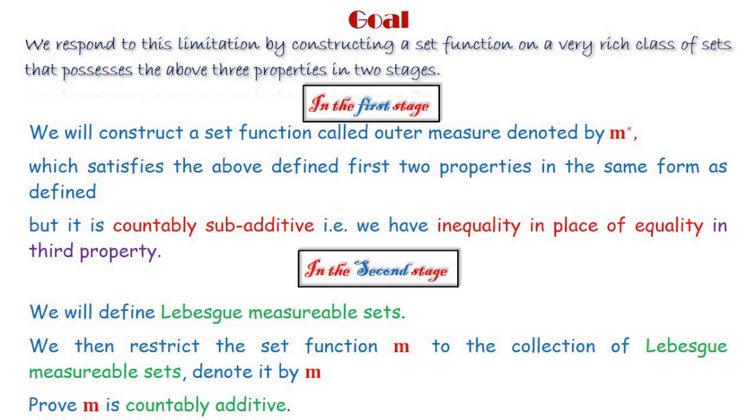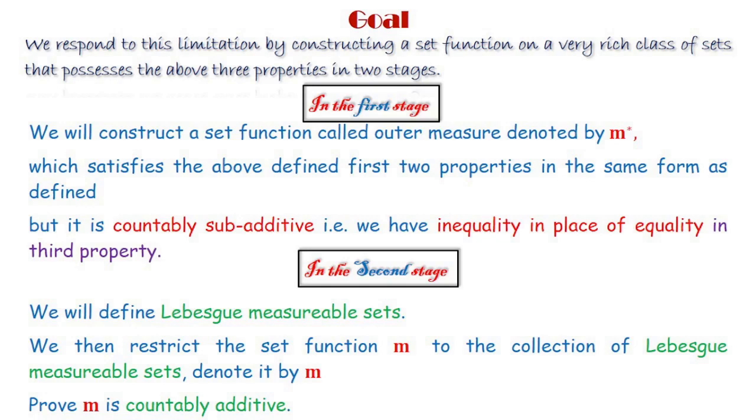The outer measure of an interval is its length, and outer measure is translation invariant. But the outer measure will not satisfy our third property. It will only satisfy countable subadditivity, which means we have an inequality in place of equality in that property. We will see it in the further lectures. All three properties will be discussed separately.